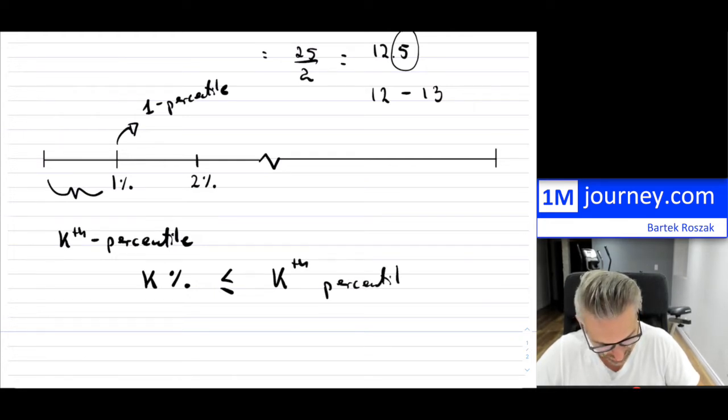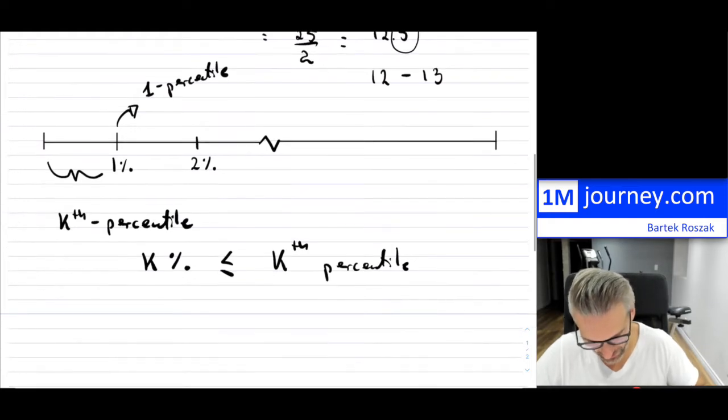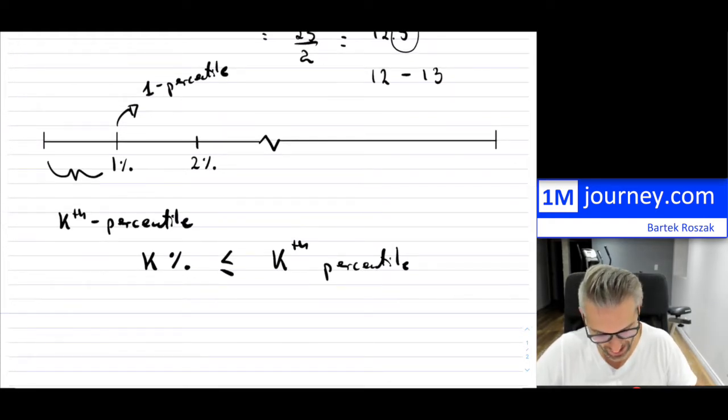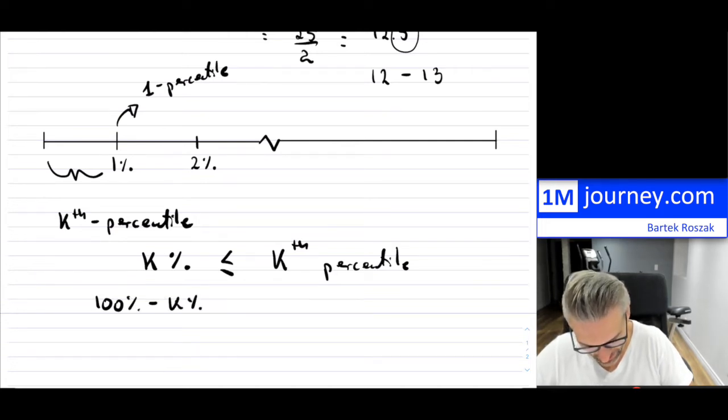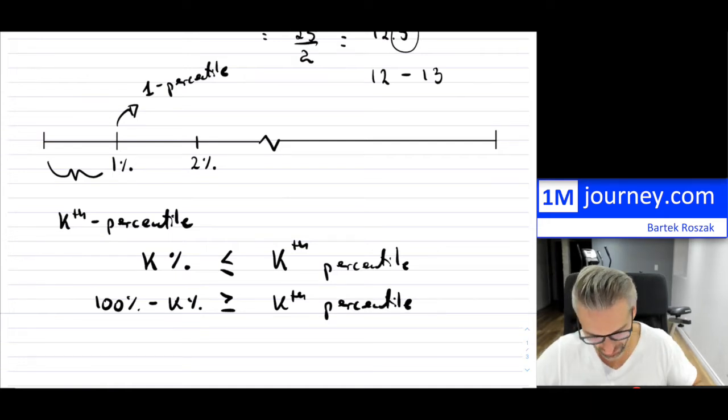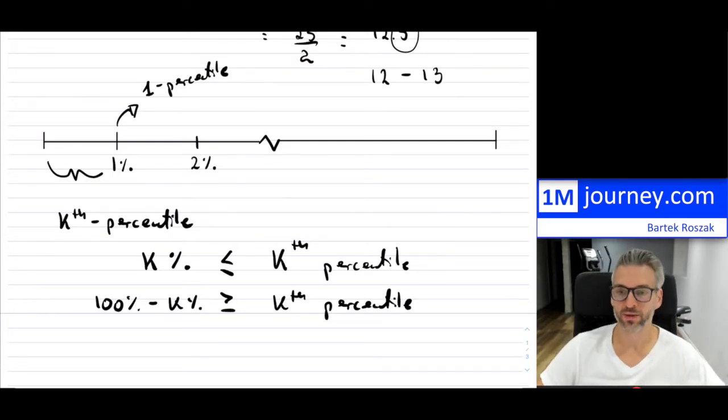Notice that it is less than or equal to, so that equal to there. And then you have 100 percent minus k percent lying greater than the kth percentile.